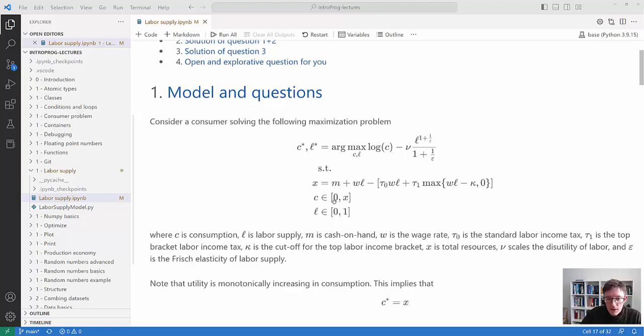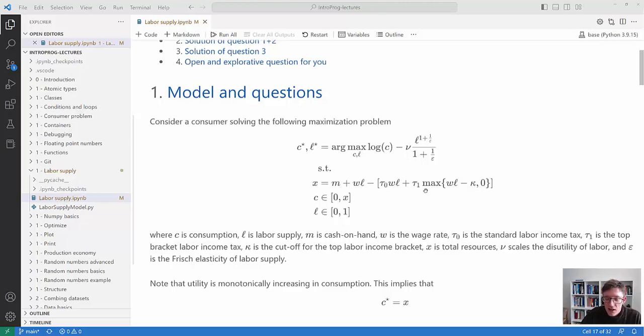What you can consume is whatever you got in resources, X, and your resources X is the sum of your cash in hand to begin with, the wage income you get from supplying labor, so that's the wage times labor supply, minus your taxes, where the taxes is a standard labor income tax, which just multiplies the total gross wage income, and then an extra tax, which is on all labor income above a cutoff kappa.